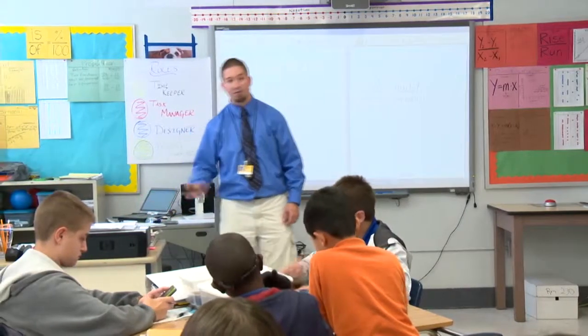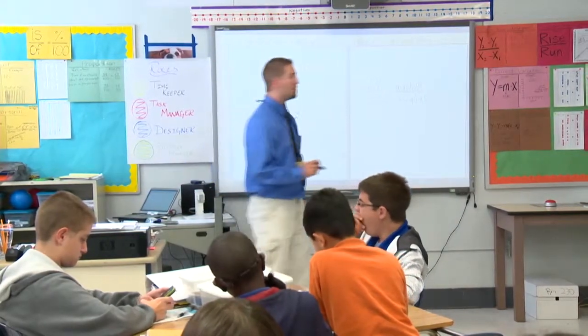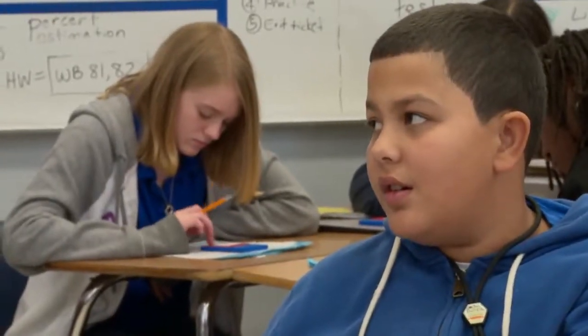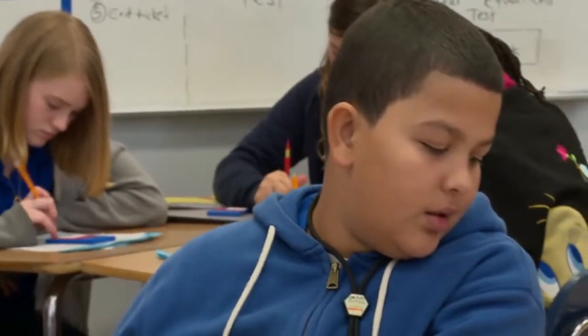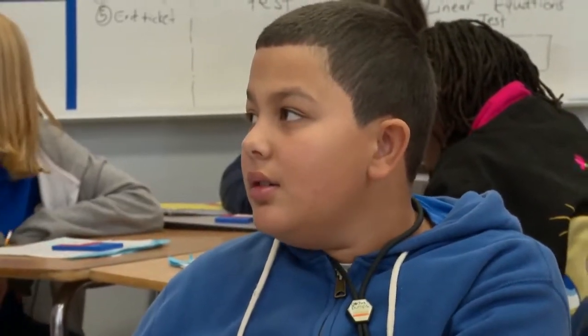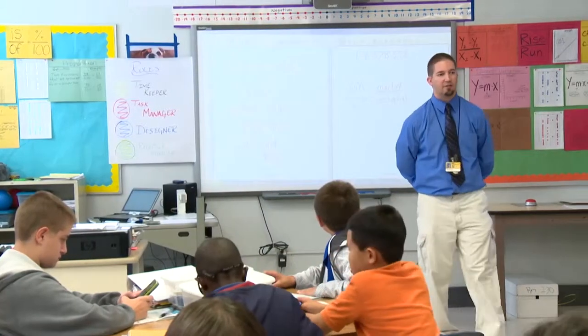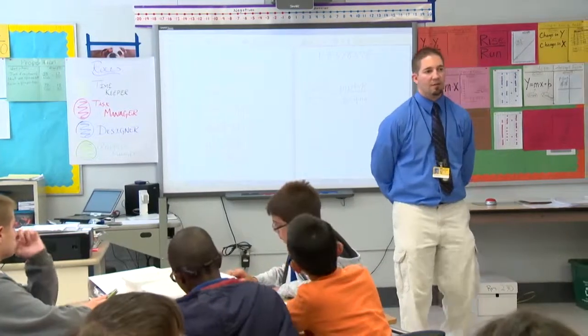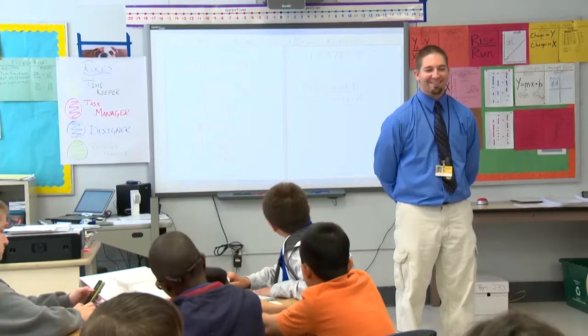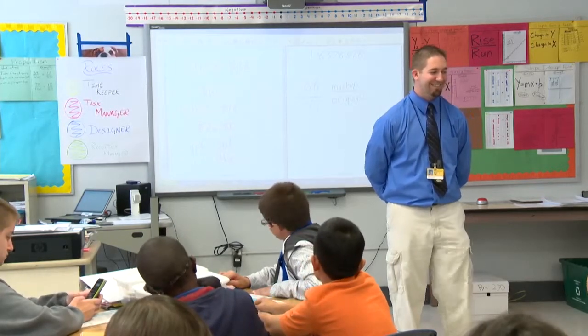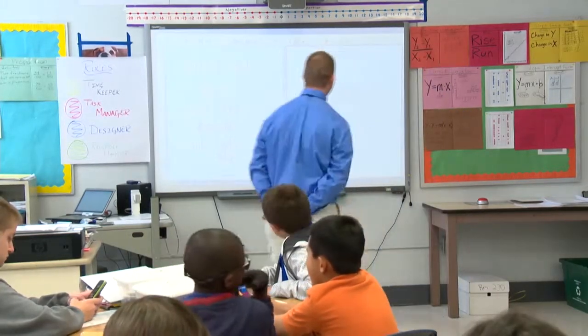Andre? 1.8378378. Uh-huh, 1.83 78378. Okay. Did anybody have something different on their calculator? Maya, did anybody have something different on their calculator? Yeah, okay, what did you have on your calculator?